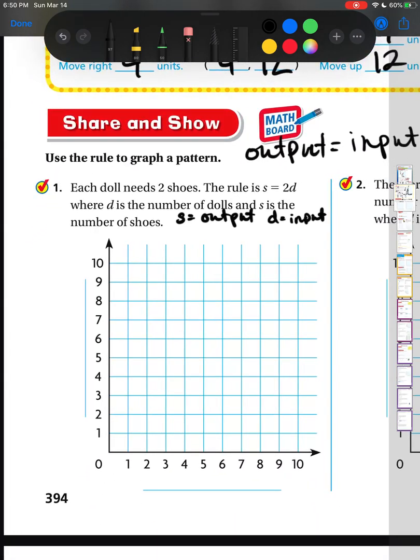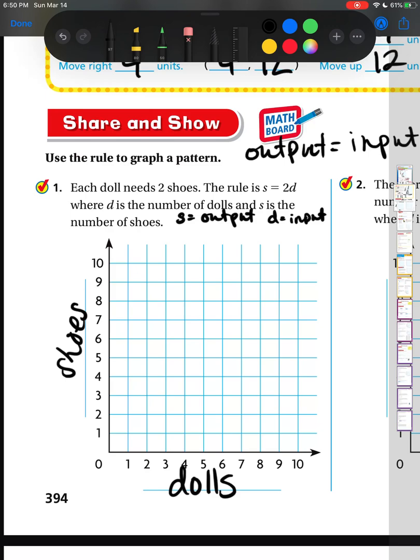So in this case, D stands for dolls, so dolls would go on our horizontal line at the bottom, and S is shoes, which would be our output on the vertical. Shoes. There we go. All right, so now our rule is S is equal to 2D.